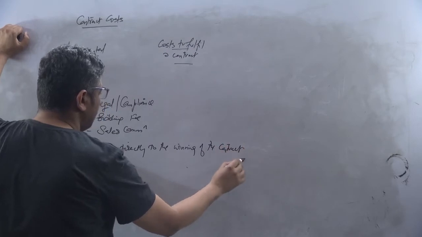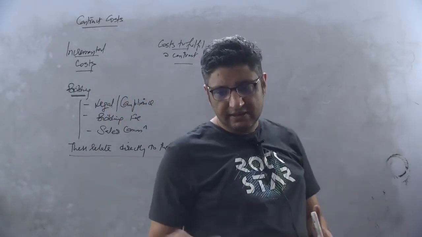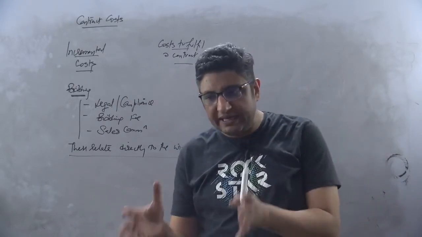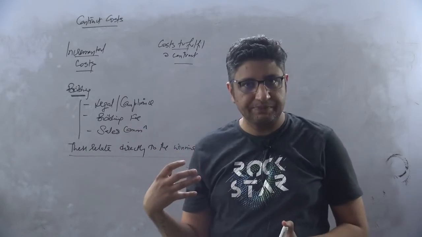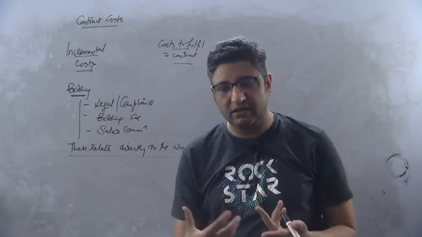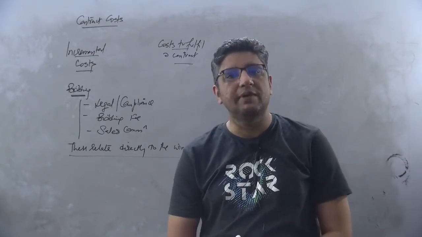That's a simplistic way of looking at it. The other way of understanding is that these are the costs which are going to be incurred only if you win the contract. If these were the costs which would be incurred despite the outcome of the bidding, then these are not incremental costs.